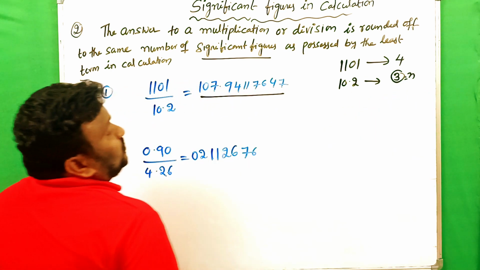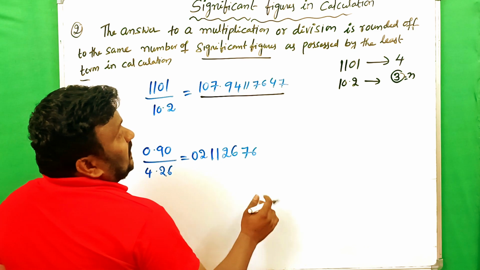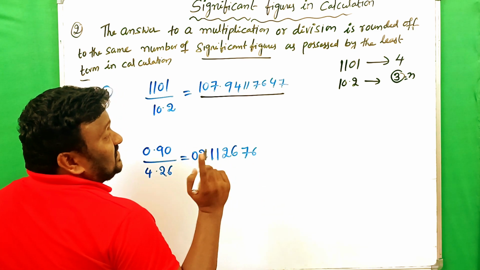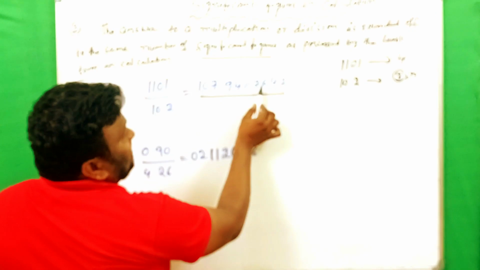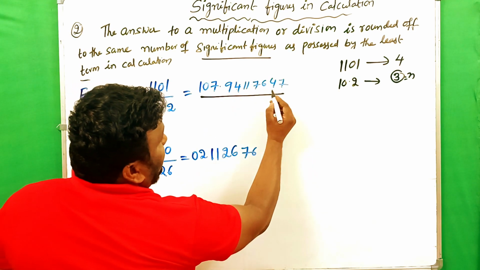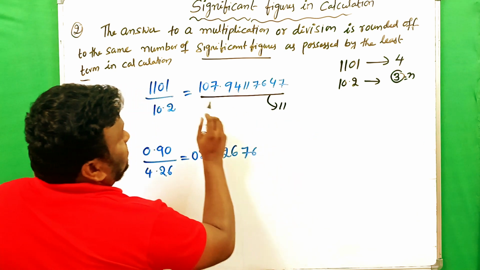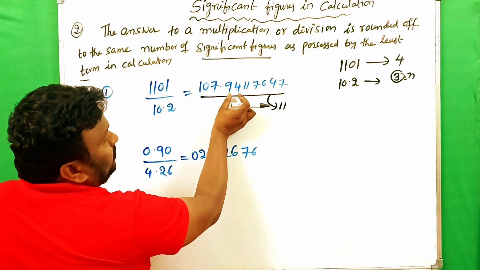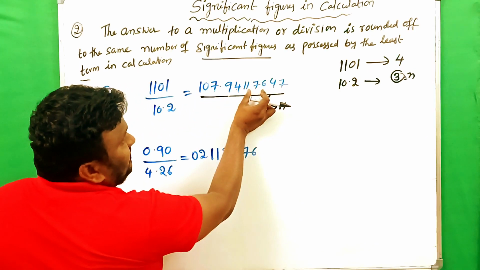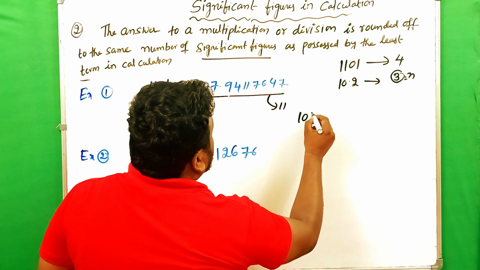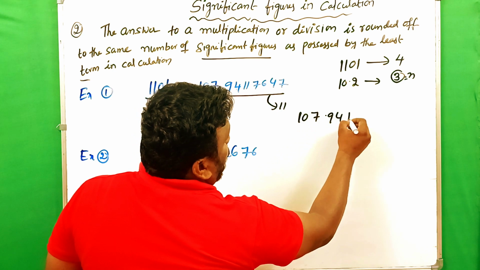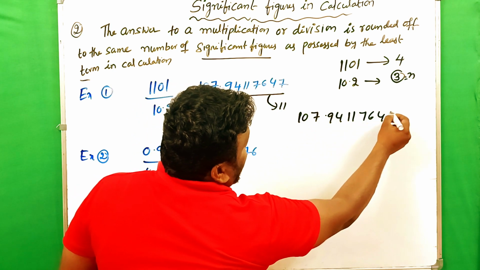Clear now. So first, before going to that, you have to identify how many significant figures are in the result. 1, 2, 3, 4, 5, 6, 7, 8, 9, 10, 11. How many here? 11. Let's check once again. 1, 2, 3, 6, 9, 11. Okay. So let's see here, 107.9411767.